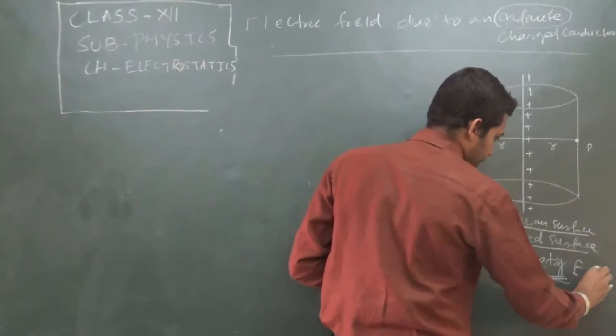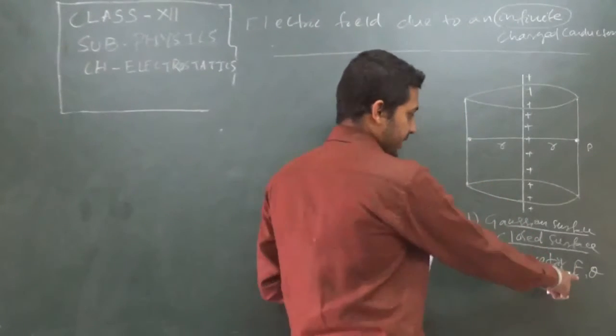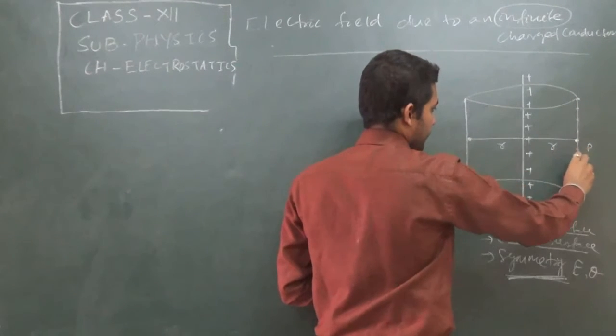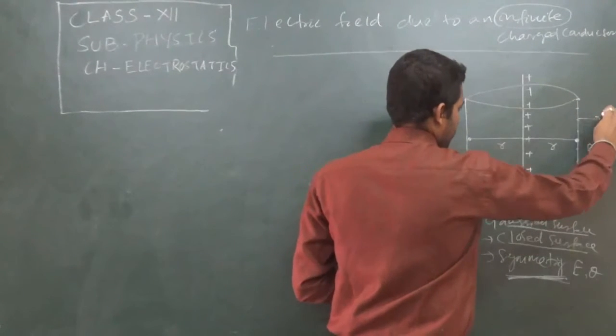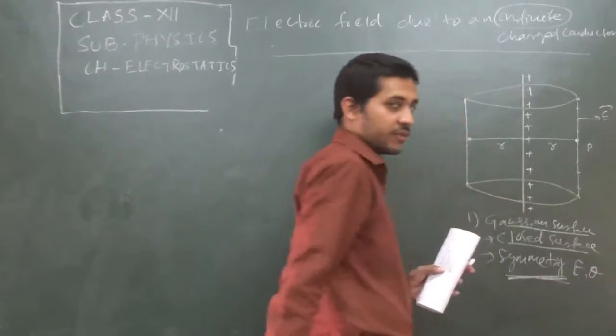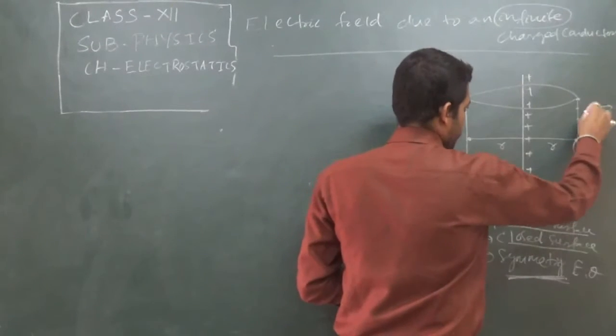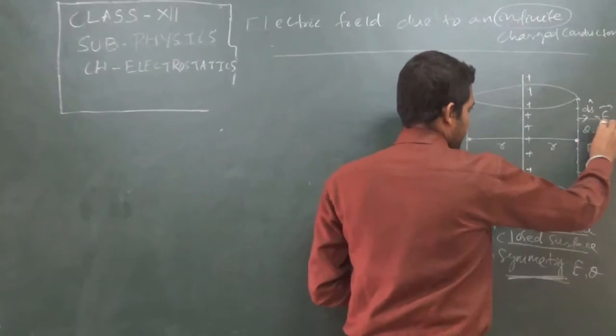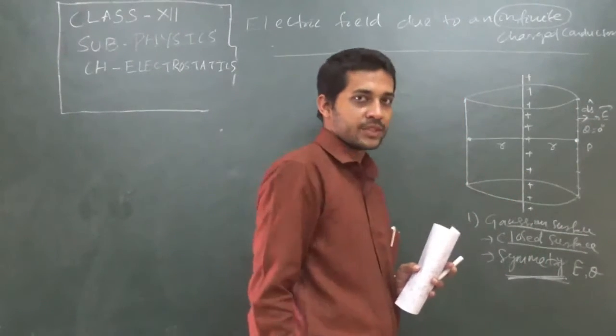Symmetry with electric field and the angle. Electric field means all the points on this particular region are going to experience the same electric field, and also with respect to the area vector, which can be written as dS, theta is always found to be 0 degree. This is the basic case.